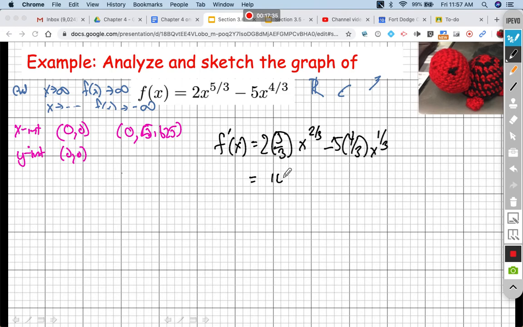So this is going to be 10/3 times x to the 2/3 minus 20/3 x to the 1/3. Or I can say that's 10/3 times x to the 2/3 minus 2x to the 1/3.